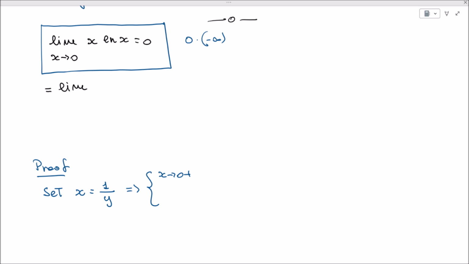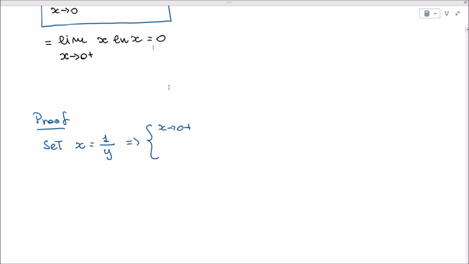So when we say this, we mean that x has to go to 0 plus. So this is the limit we would like to prove. The limit as x goes to 0 plus of x logarithm of x is equal to 0. Okay, so this is what we want to prove.